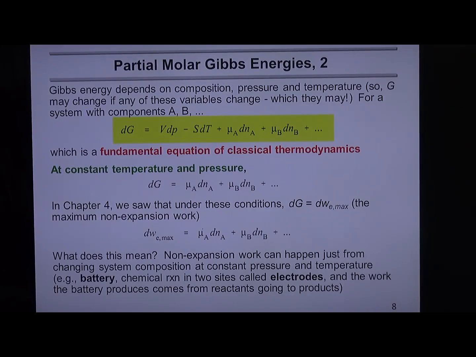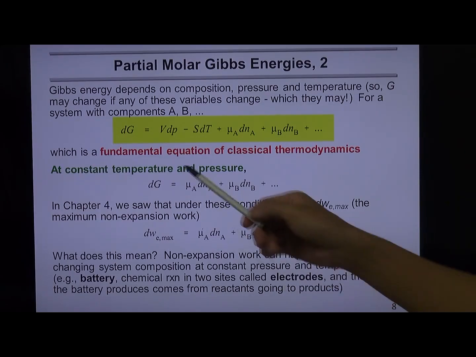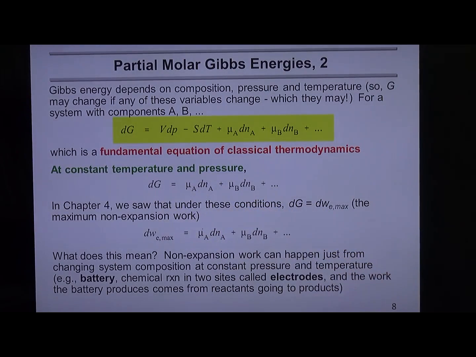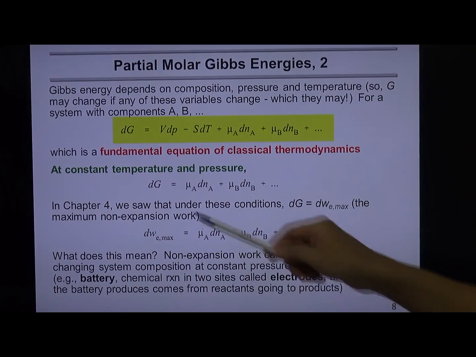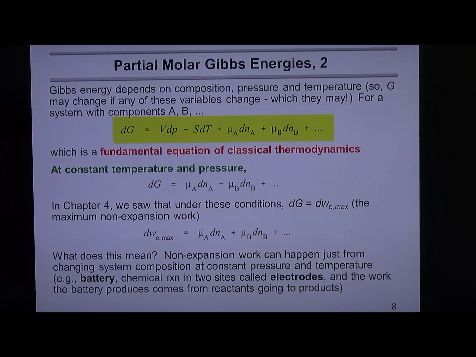Okay? And you remember that Gibbs energy has two different meanings. One of them represents spontaneous change, right? If the Gibbs energy change is negative. The other is that Gibbs energy represents the maximum non-expansion work. Okay? So dG is equal to dW e max.